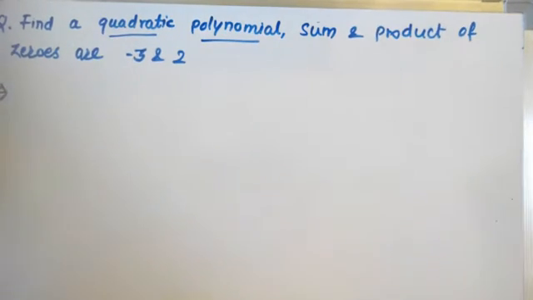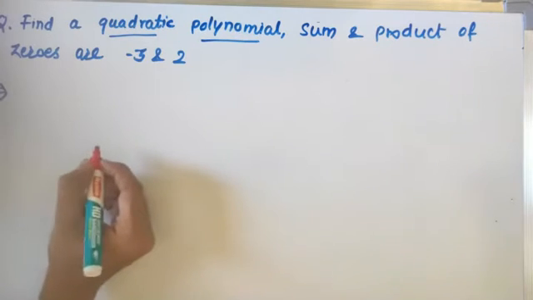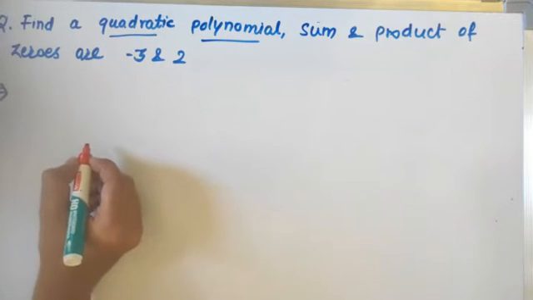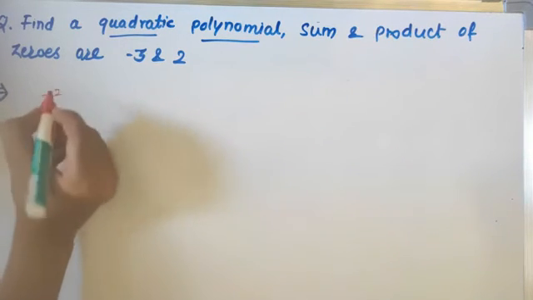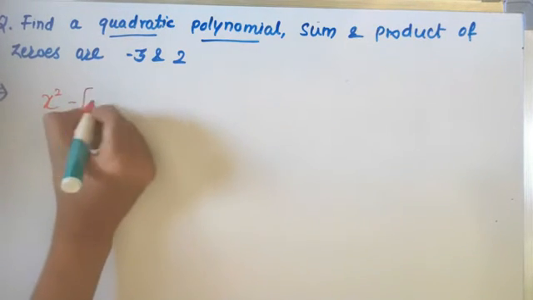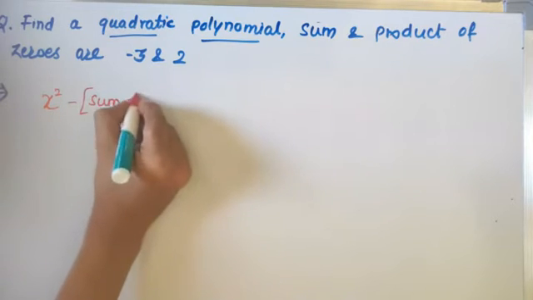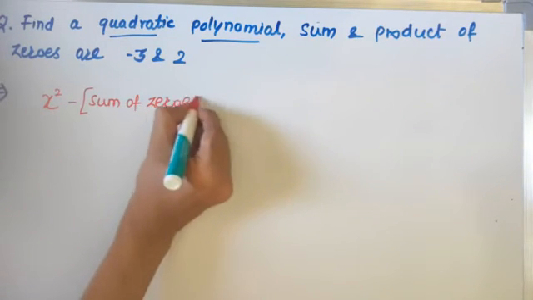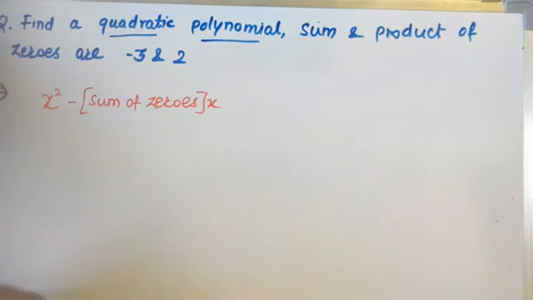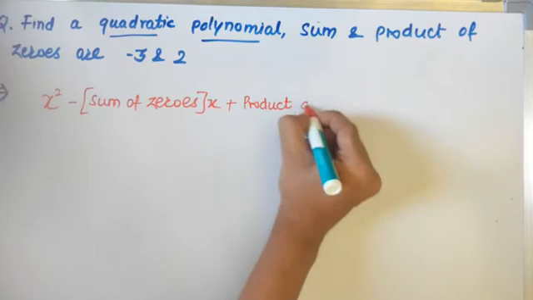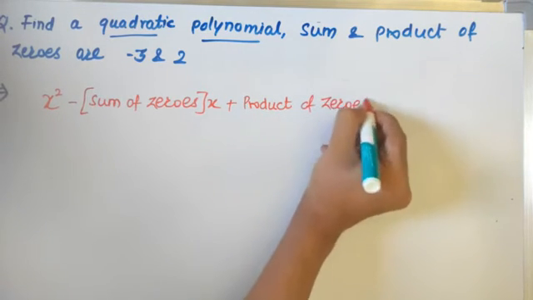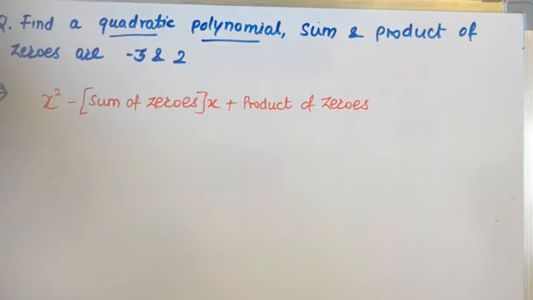Going further, I will repeat the concept that we have discussed in the previous lecture. To find out the equation, the basic equation of the quadratic polynomial is x square minus sum of zeros into x plus product of zeros.